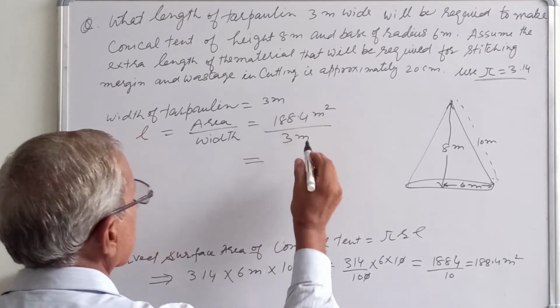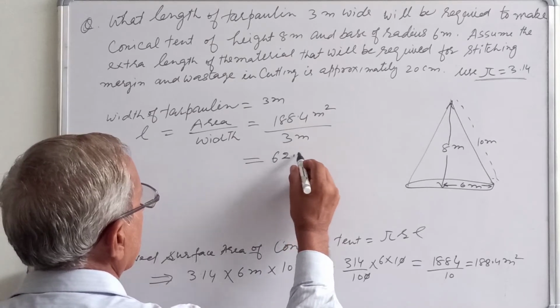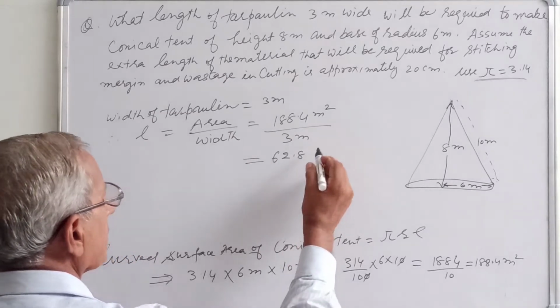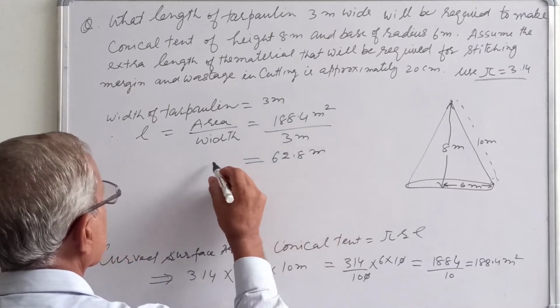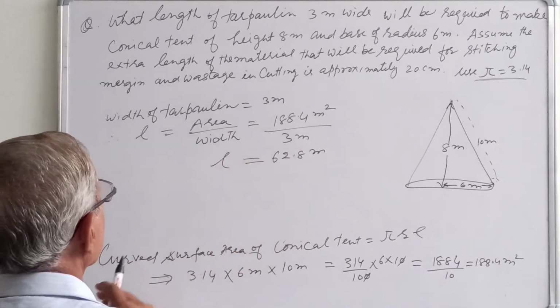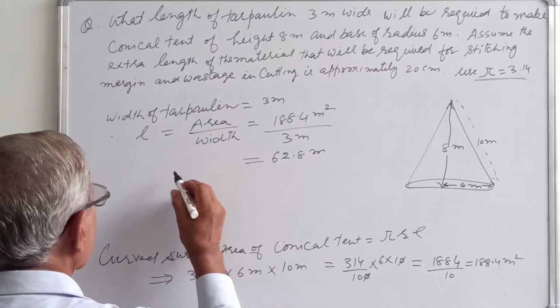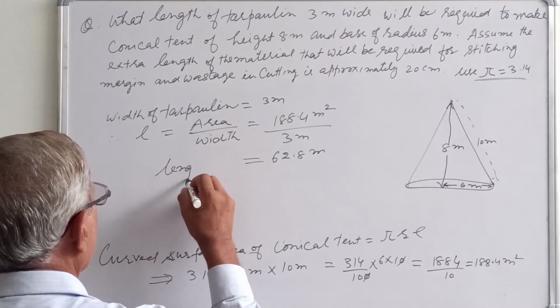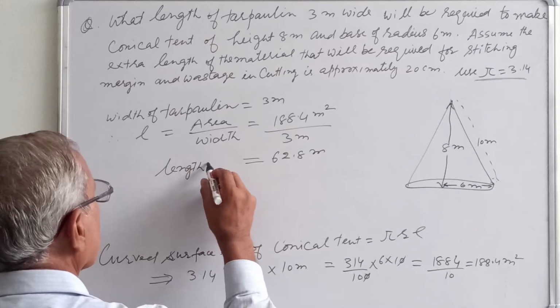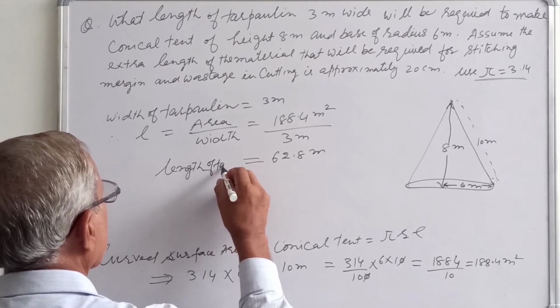So that will be 62.8 meters. So this is the length. So here length stands for length of a tarpaulin.